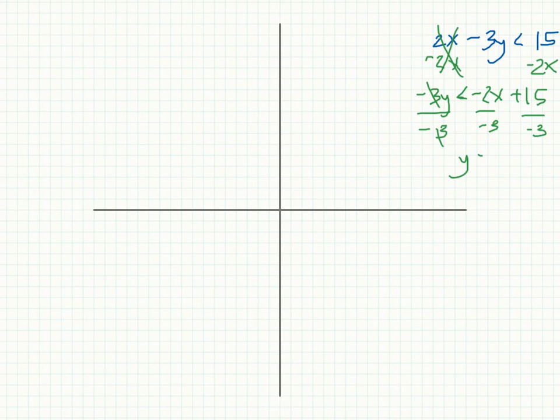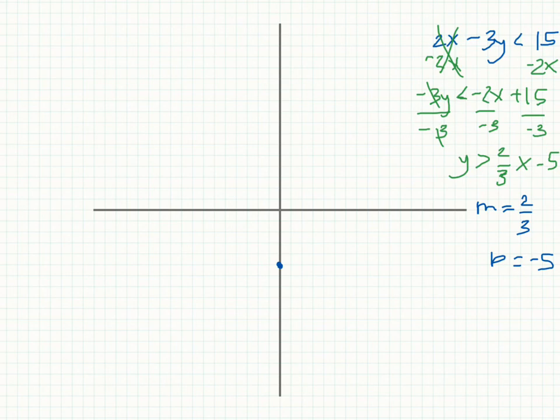y is greater than 2/3 x minus 5. So my slope is 2/3, my y-intercept is negative 5, and I will start down at the y-intercept, negative 5.